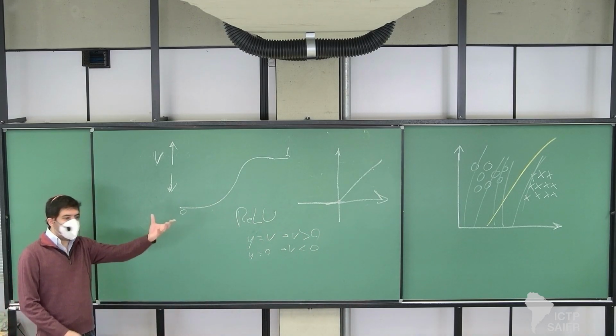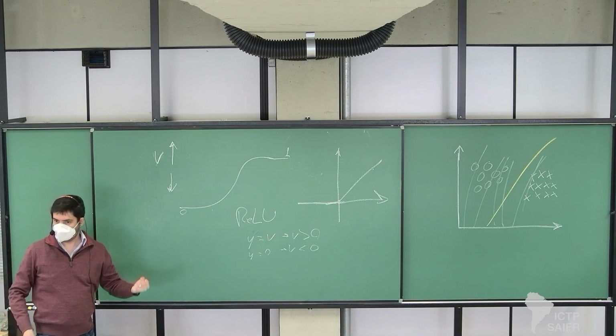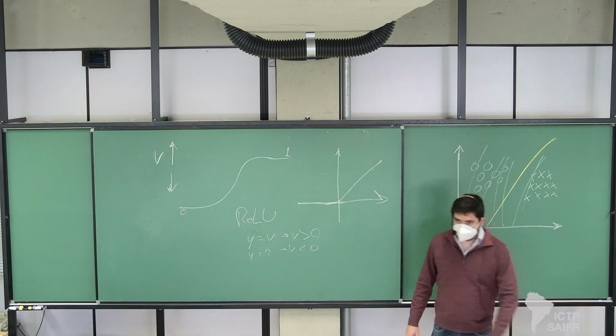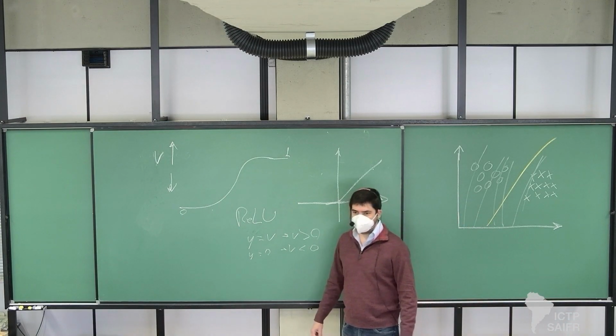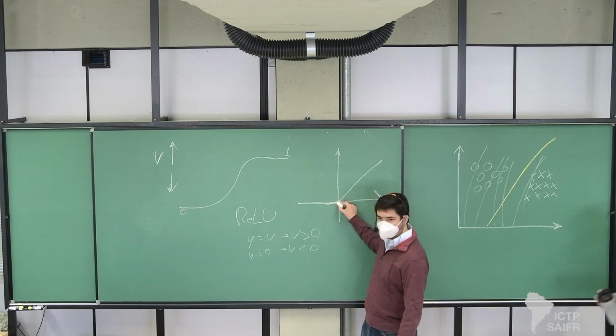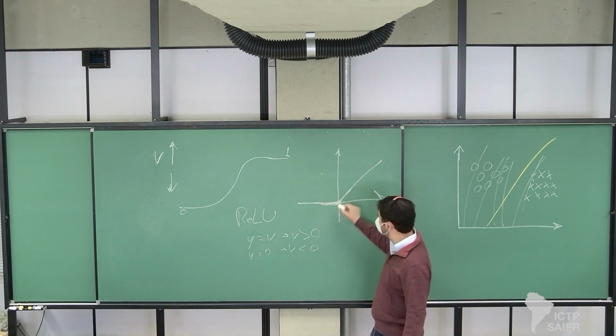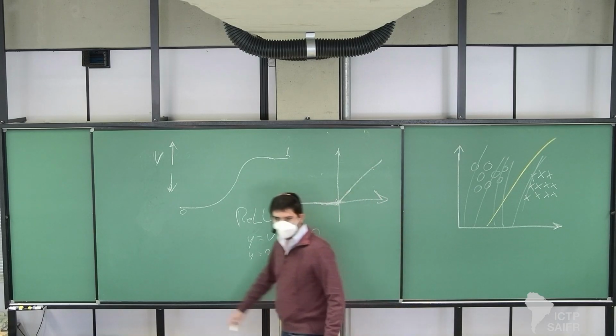So it's the max between 0 and the value V. Then you may ask, but you told us that the function must be continuous. So how can I compute the derivative at this point? Because there is a kink here, right? So you consider you're never going to calculate the derivative at this point.